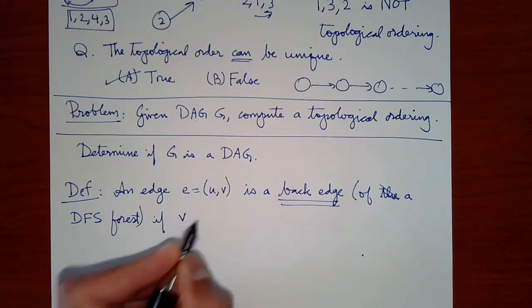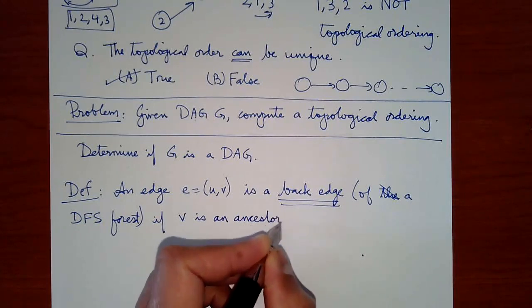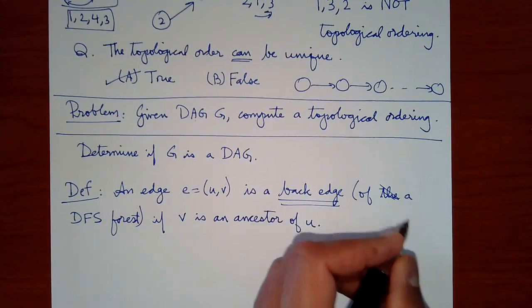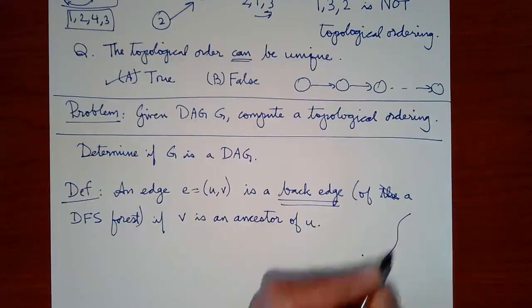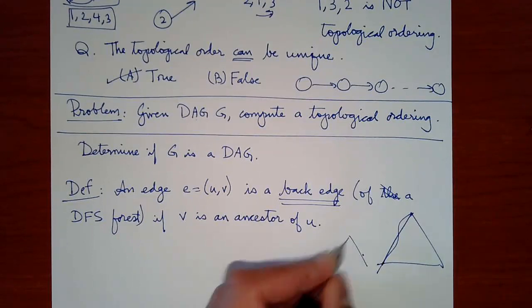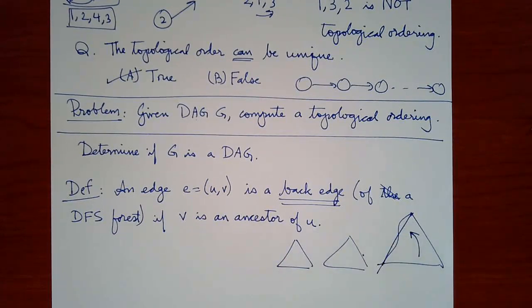if V is an ancestor of U. So if you take the DFS forest, a back edge points from a descendant to an ancestor.